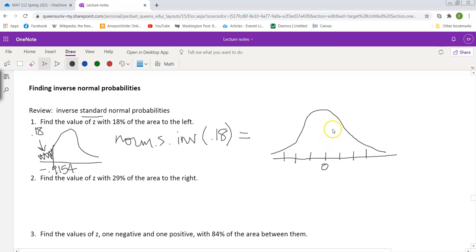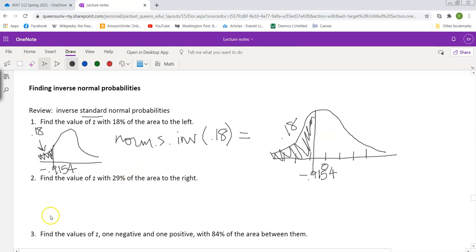Not exactly at negative 1 though, so we'll try to sketch that again. There we go. So that's our negative 0.9154. And this area over here is 0.18. So that's the first one.